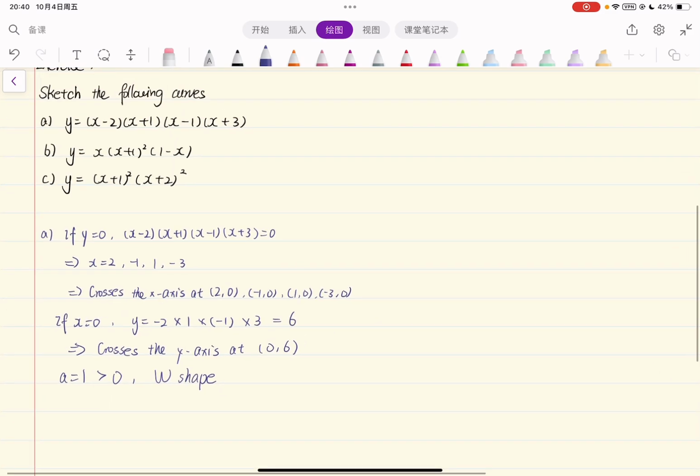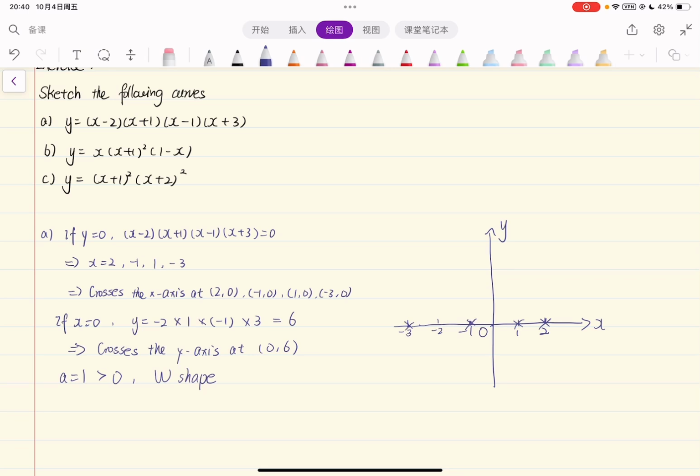Now we can sketch that. We have the y-axis, x-axis, and the origin. We cross the x-axis at (2, 0), (minus 1, 0), (1, 0), (minus 3, 0). So here is 2, 0, minus 1, 0, 1, 0, and here is minus 3, 0.